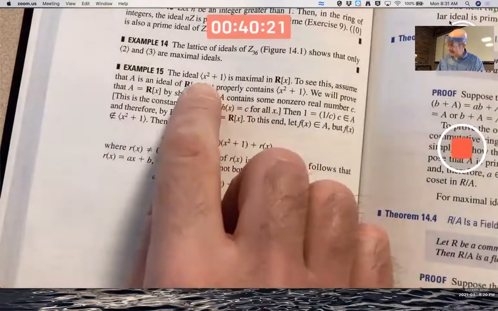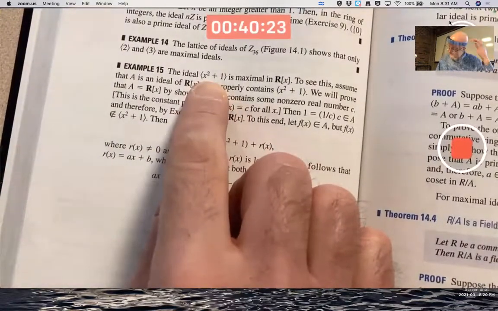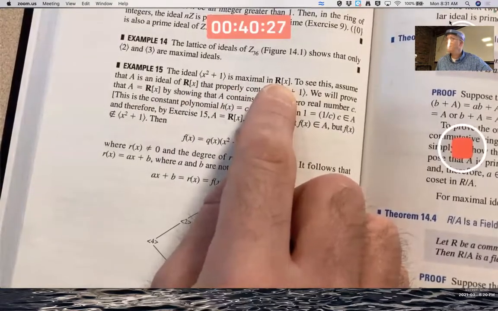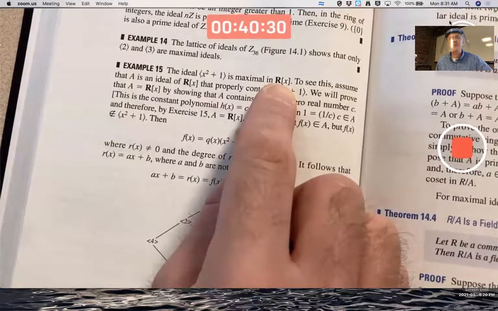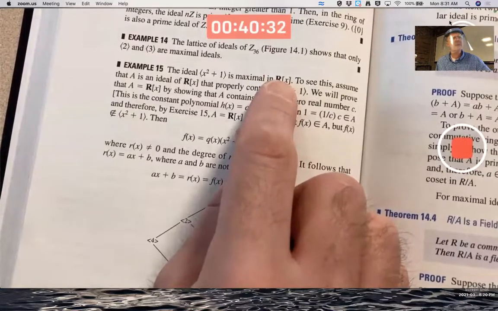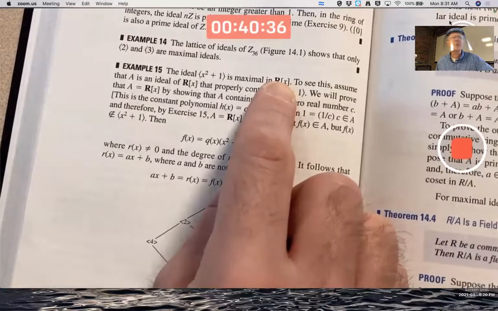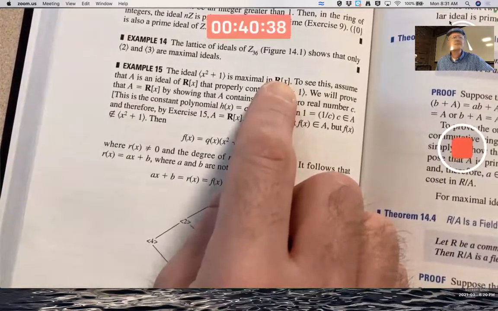The claim is that this principal ideal is maximal in R[x], the ring of polynomials with real coefficients. Is R[x] a field? R is certainly a field. What about R[x]? No, it's not.